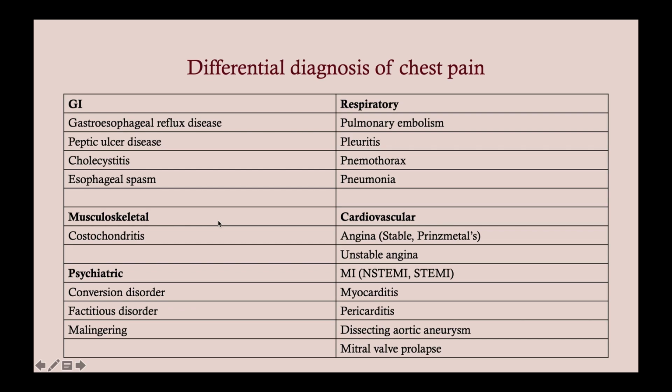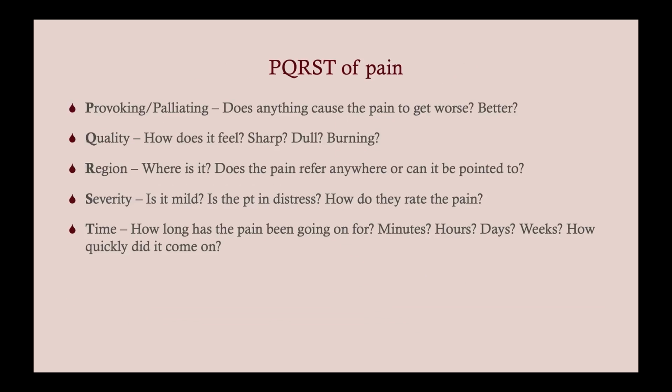But I'm not going to go into the details of them. I'm only going to go over some of the distinguishing features so that when you have your chest pain, you're looking at it from 30,000 feet level, you'll have some ideas of where to go with your differential diagnosis.